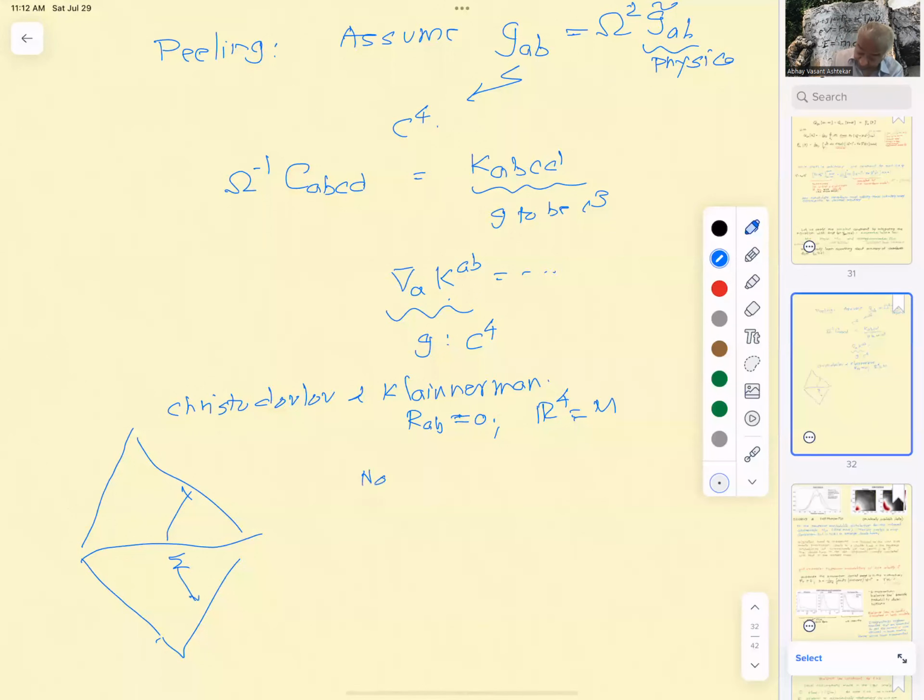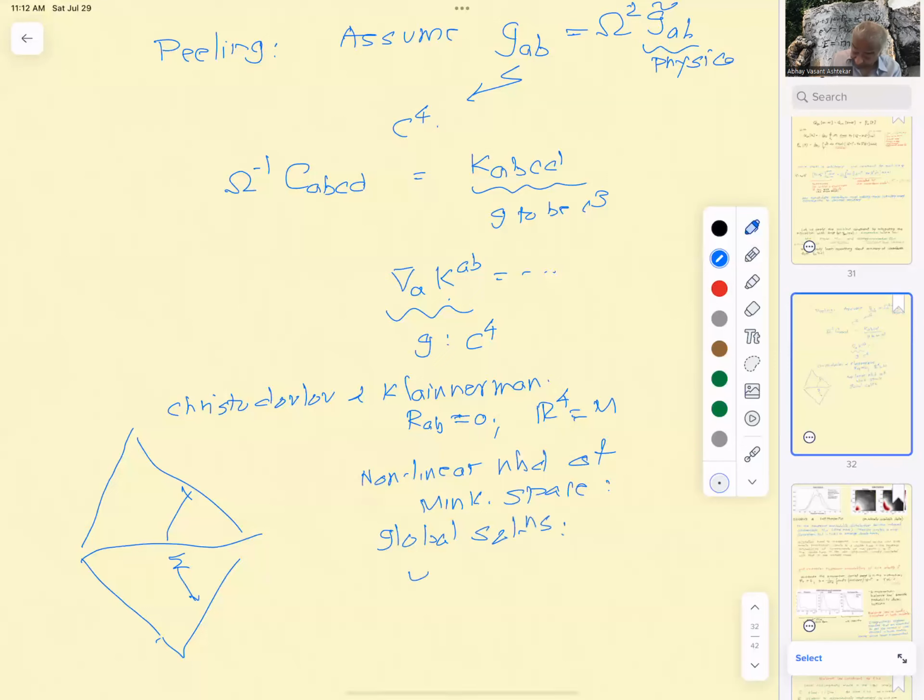So there is a nonlinear neighborhood of Minkowski space, nonlinear in the sense that I'm not doing a linearized approximation, in which the solution exists everywhere. But what they found was that the global solution is not C4.